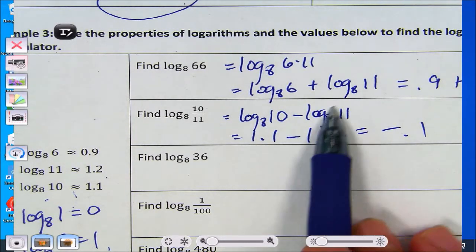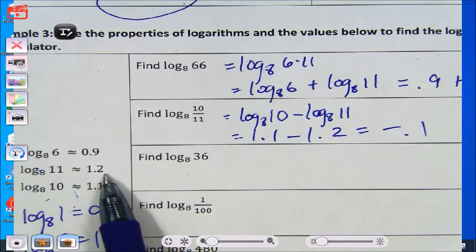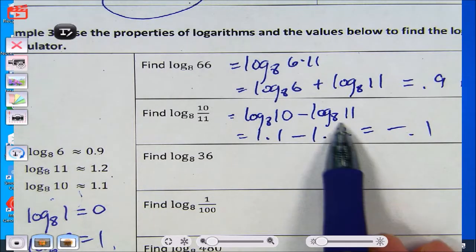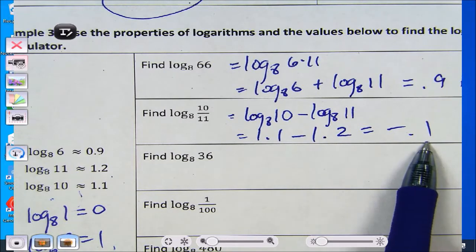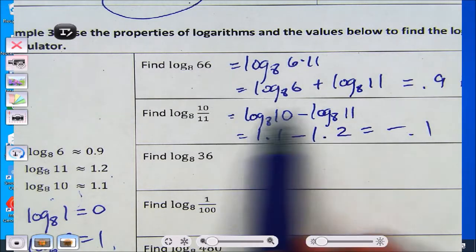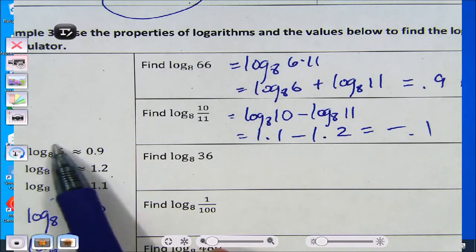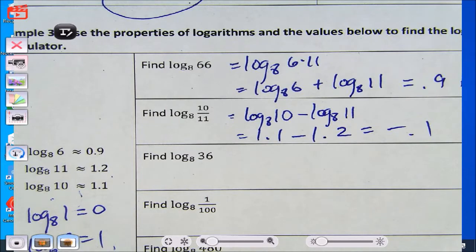Log base 8 of 11 is over here as 1.2. So I replace that with 1.2. And then I just do the subtraction. Whatever combination you use, it's got to use these numbers: 6, 11, 10, 1, and 8. In the subtraction problem, you have to do the 10 first and then the 11, because the 11 is in the denominator.